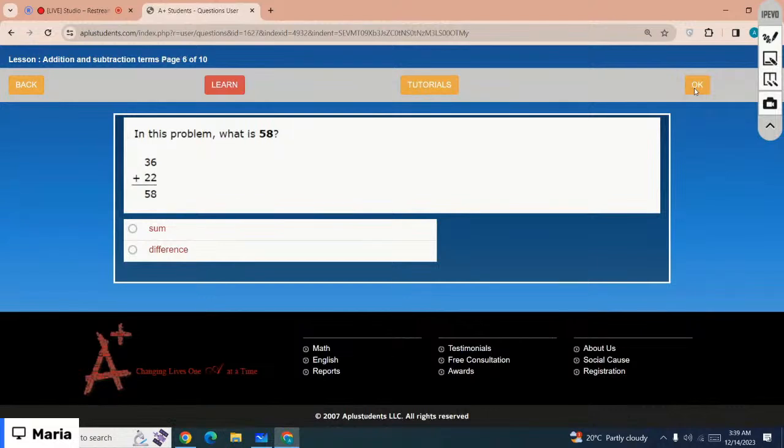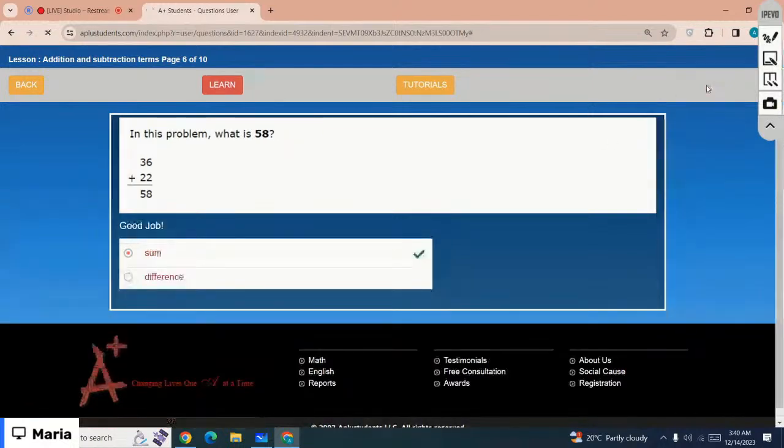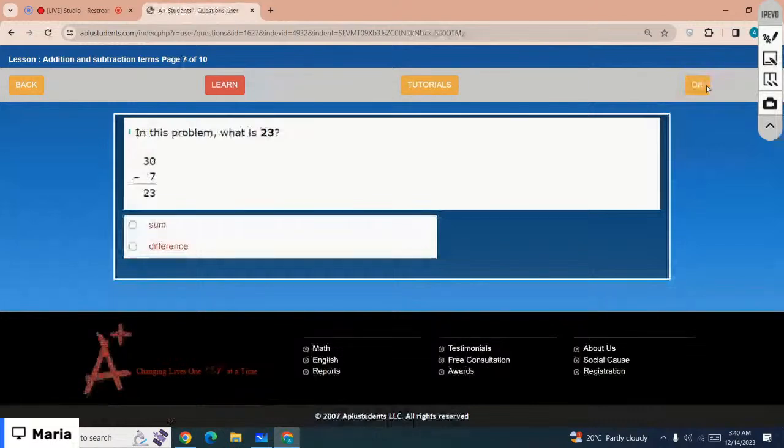Because you are adding, 58 is the sum of the two numbers, right? 30 minus 7 is 23. So they are subtracting. 23 is the difference, right?